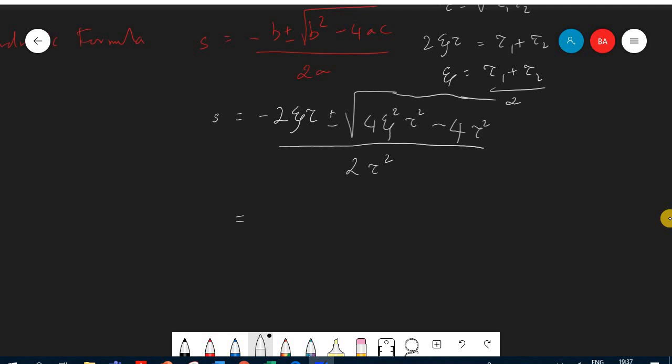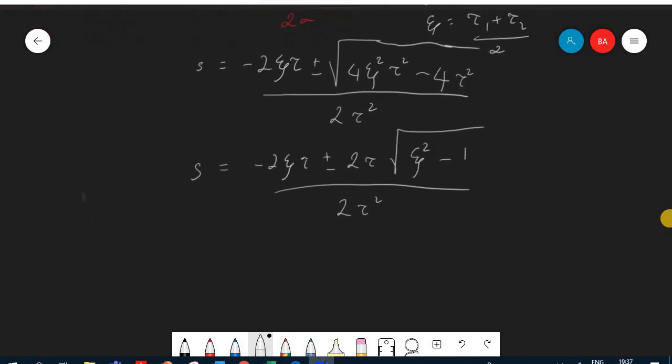Okay, so let's continue on with my problem. So what do I have here? I have minus 2 xi tau plus or minus, and I can take a common factor of 4 tau squared here. To get out of that square root, 4 tau squared becomes 2 tau, and I'm left with xi squared minus 1, divided by 2 tau squared.